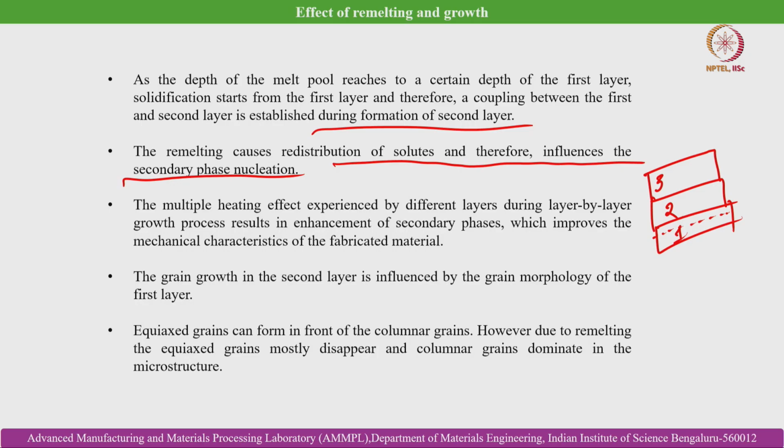So, the fourth takeaway is the grain growth in the second layer is influenced by the grain morphology of the first layer, and equiaxed grains can form in front of the columnar grains. However, due to remelting, the equiaxed grains mostly disappear and columnar grains dominate in the microstructure.